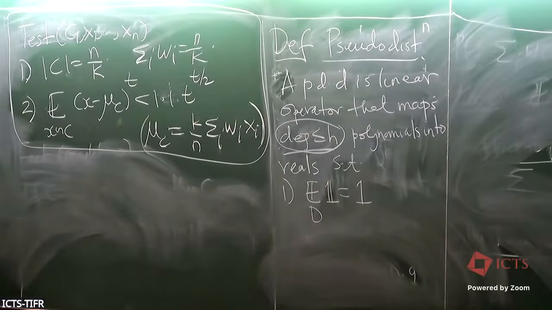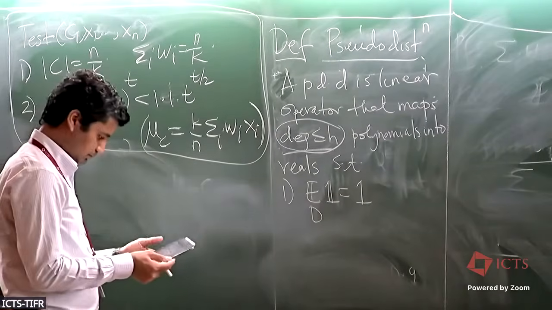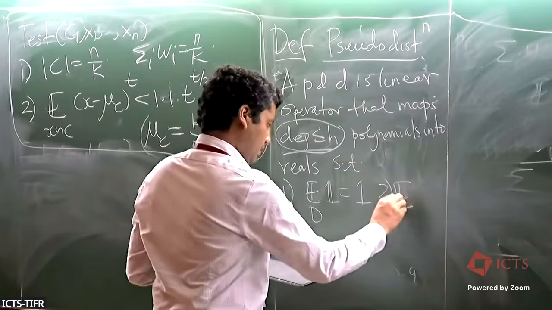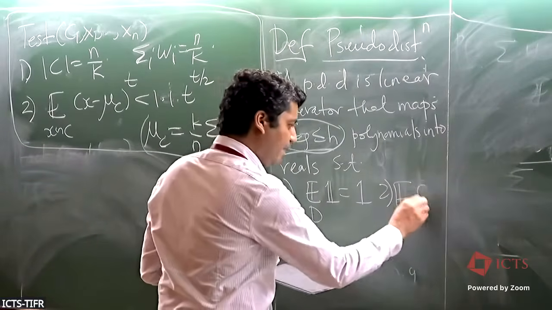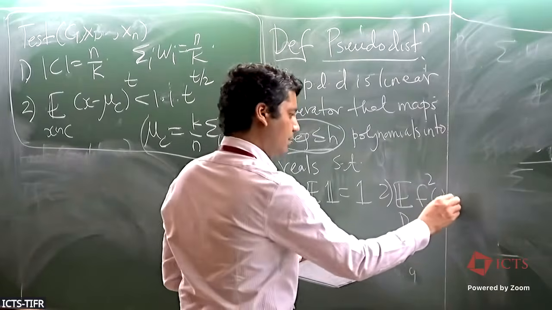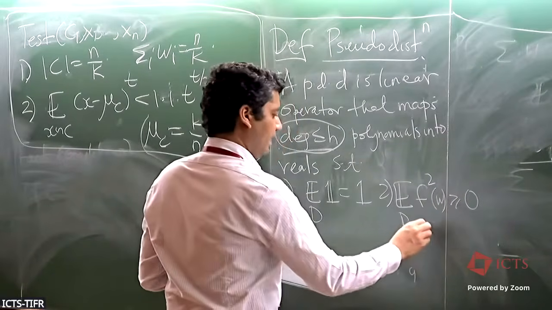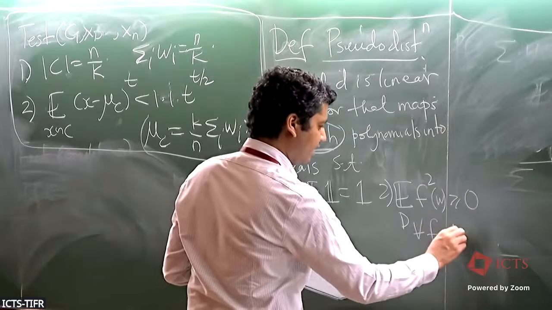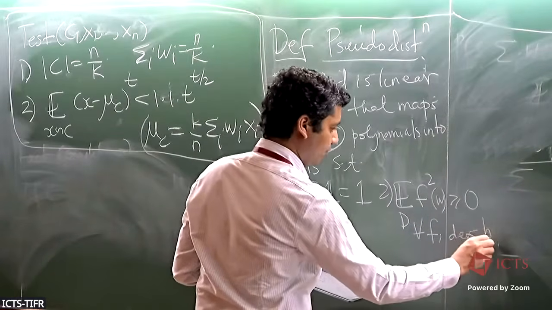This is true for actual distributions, and this property is going to be reflected in a pseudo distribution. And, more importantly, the expectation of every square polynomial would be non-negative if the polynomial f has degree at most h over 2.